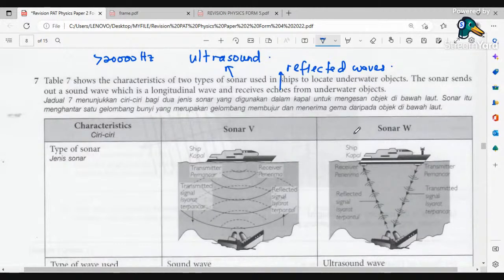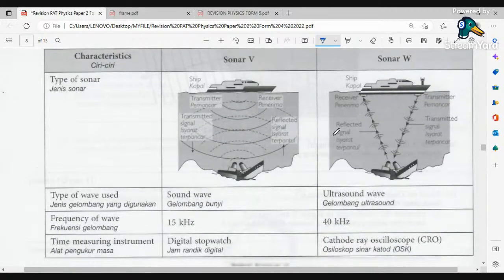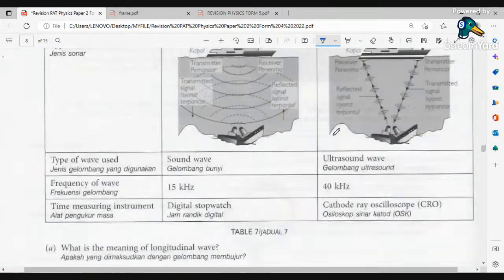Type of sonar, we have sonar V and sonar W. Type of wave used, sound wave, ultrasound wave. Frequency 15 kilohertz. Frequency of wave, this one is 40 kilohertz. Time measuring instrument. Okay, untuk ini digital stopwatch. And this one is CRO, oscilloscope, cathode ray oscilloscope.